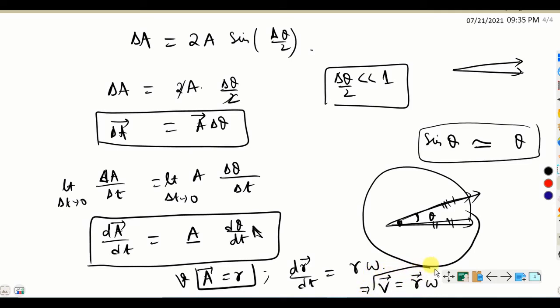Got it? This is a very interesting result we have got. So for the rotation of a vector whose length is constant, we have a very interesting result, in the sense that it is leading us to something more concrete, and we call it circular motion.